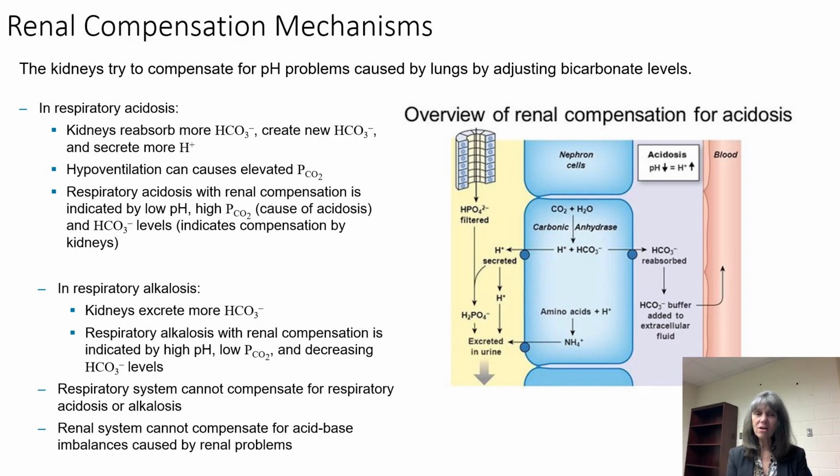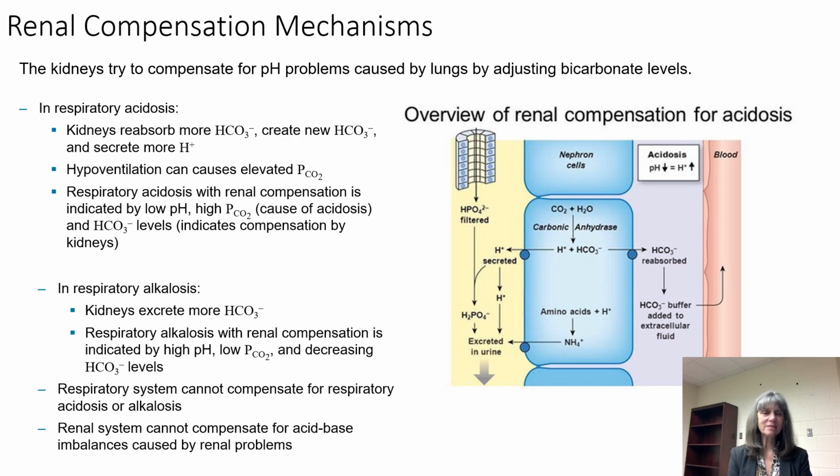In respiratory alkalosis, the kidneys get rid of more bicarbonate, and respiratory alkalosis with renal compensation is going to be indicated by high blood levels of pH, low blood levels of partial pressure of carbon dioxide, and decreasing levels of bicarbonate as the kidneys compensate.